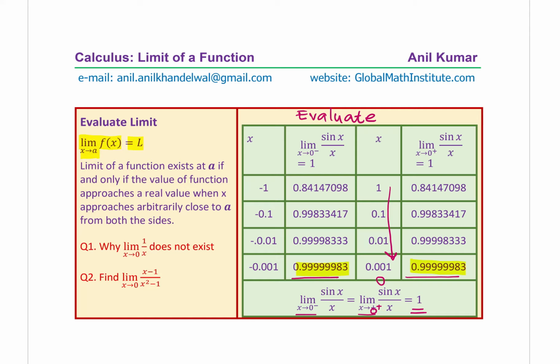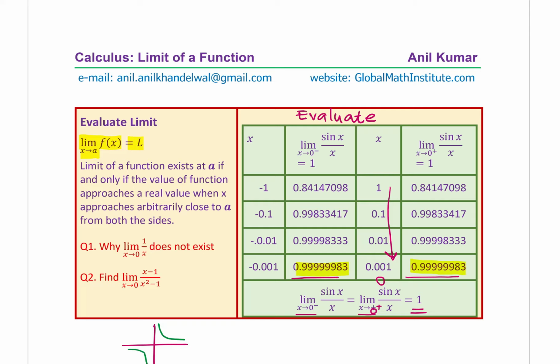Question number 1. Why does the limit of 1 over x not exist when x approaches 0? We can recall this with the graph. Let me sketch the graph of this particular function and then you'll get an idea. So that is the graph of 1 over x, correct?